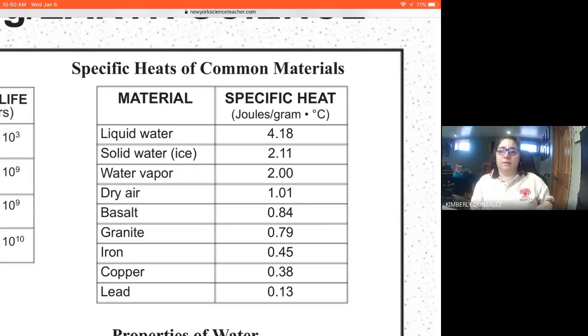What this tells me is that in order to heat up water, we need to put in 4.18 joules of heat versus lead, where we have to put in a very small number. So lead is going to heat up faster than water. That's what this means. Okay?